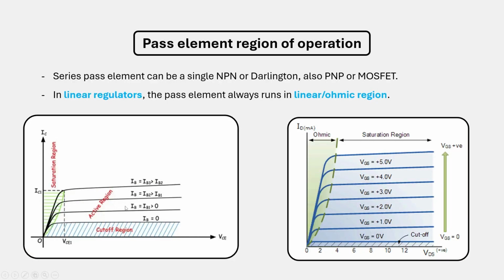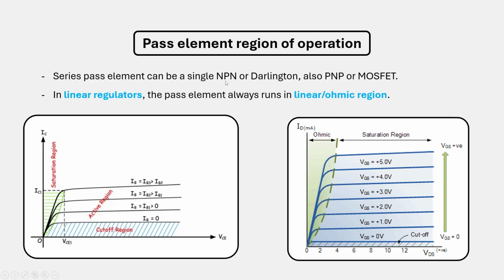And because of that effect, we can conclude that the internal transistor of the linear regulator is working in what's called the ohmic region. If you know your transistors, BJTs and MOSFETs, there is the ohmic region or the linear region. So it will be working inside of that region and not outside.